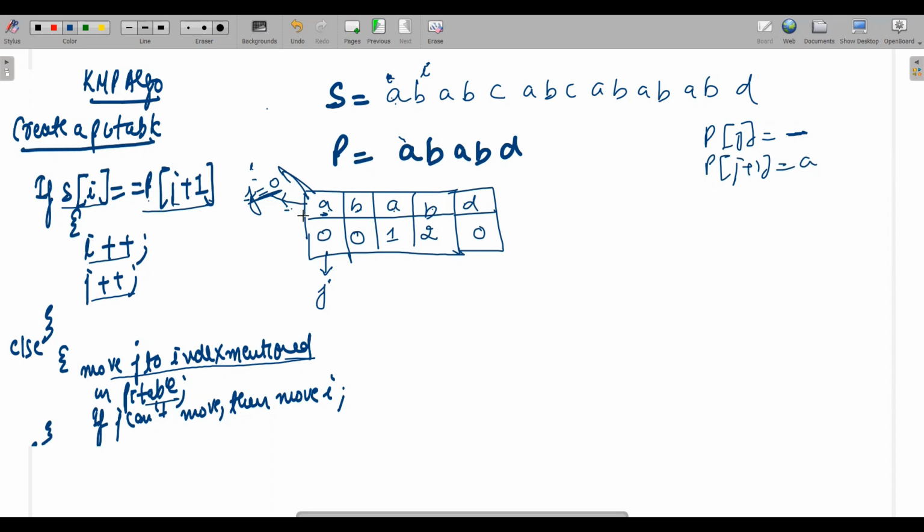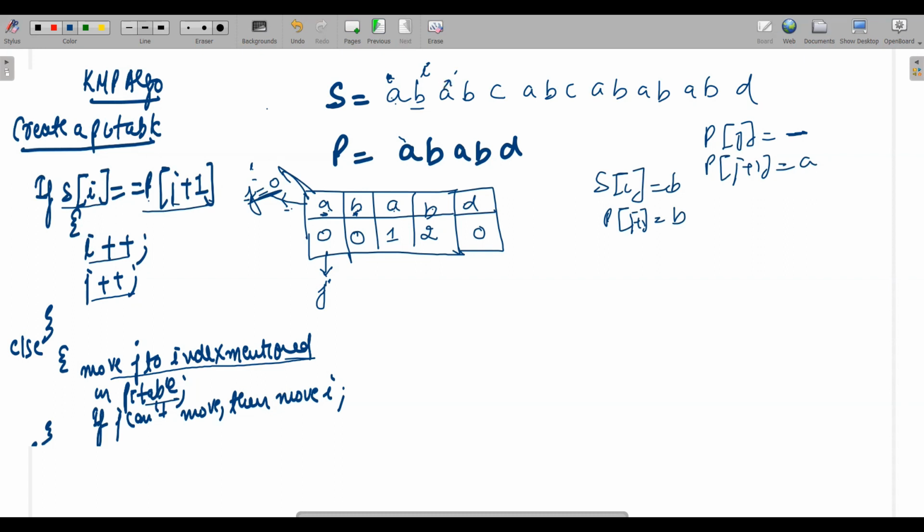Obviously, you are going to match S of I, which is now B, with P of J plus 1. J is pointing towards A, but J plus 1 points to B. So J plus 1 becomes B also. So it means you will increment I and increment J pointer locations as well.